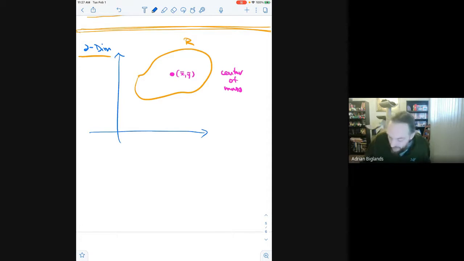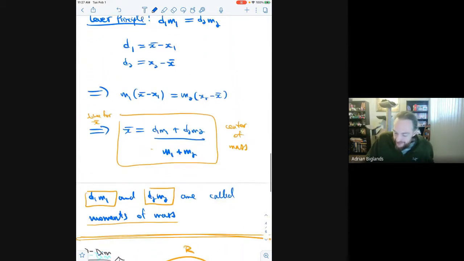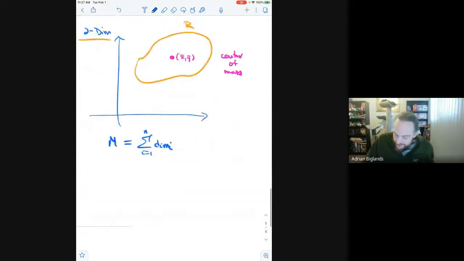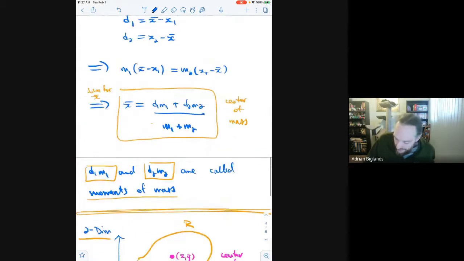So first of all, we're going to have capital M, which is equal to the sum from i equals 1 to n of di mi. That's going to be this big M. In the one-dimensional case, we would just call it the sum of the first two.